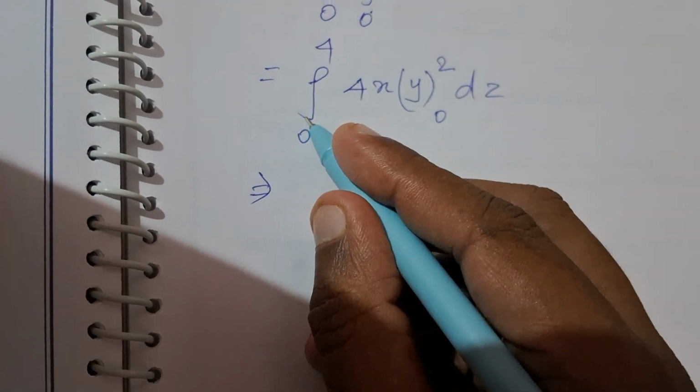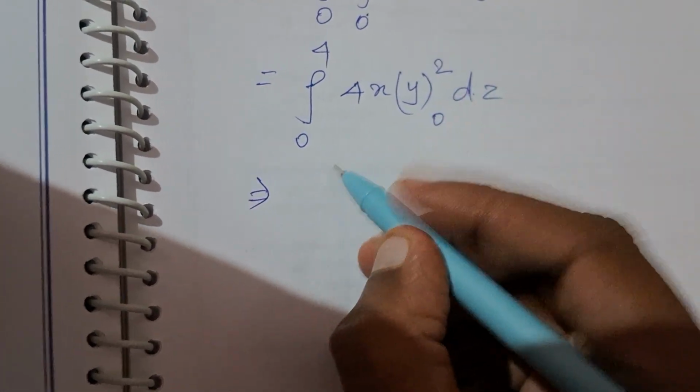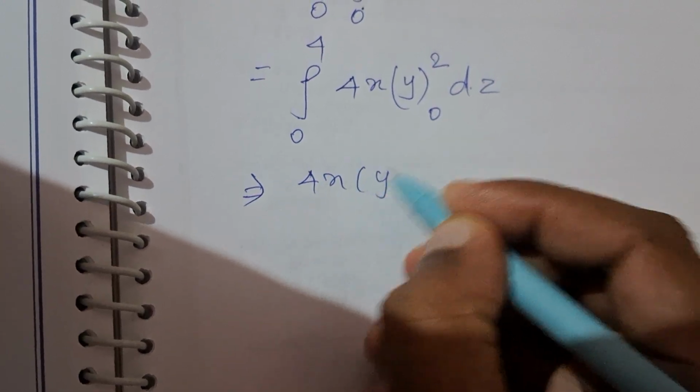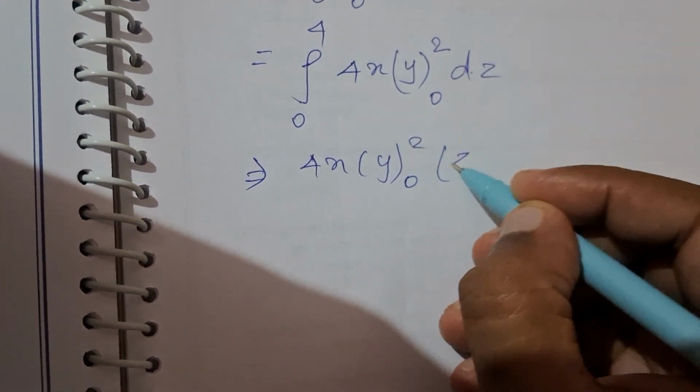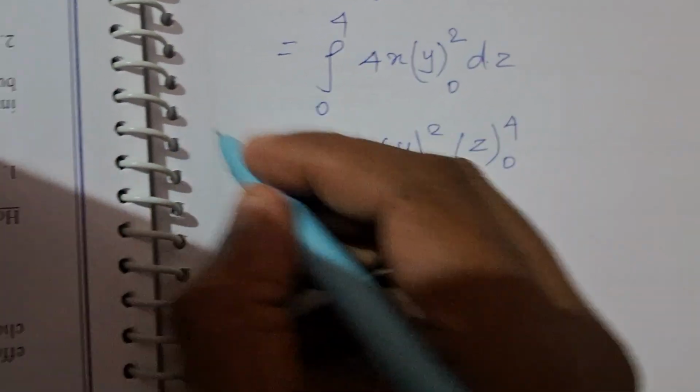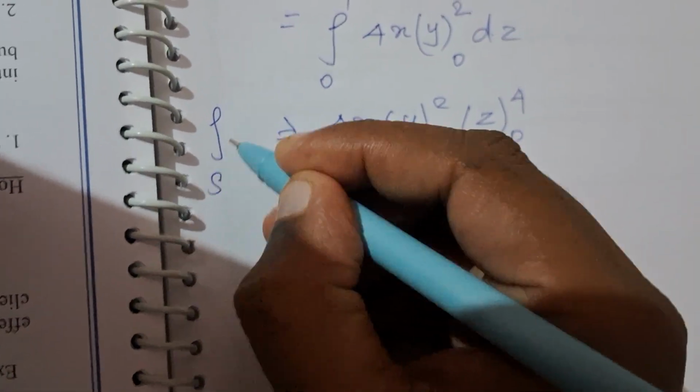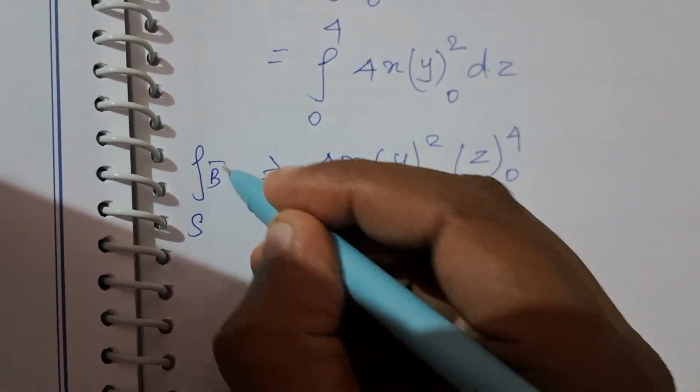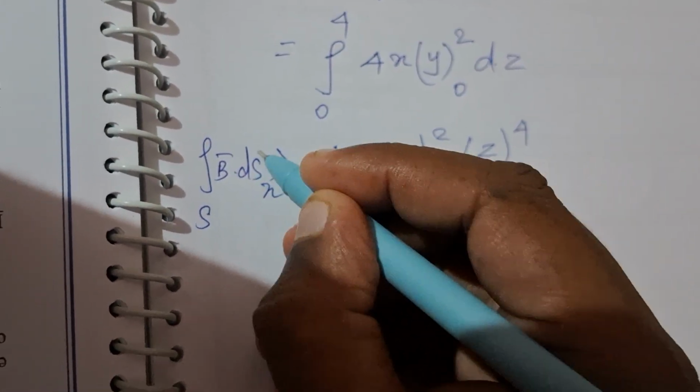Next integrate with respect to z, 4x y with y from 0 to 2 and z from 0 to 4. This is our surface integral of B dot dSx.